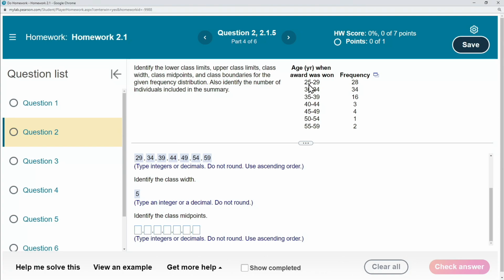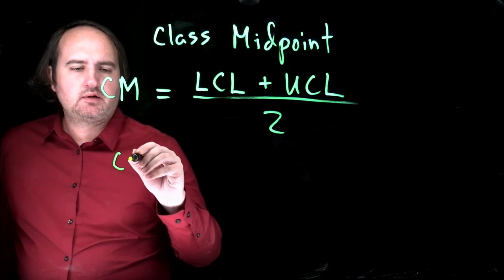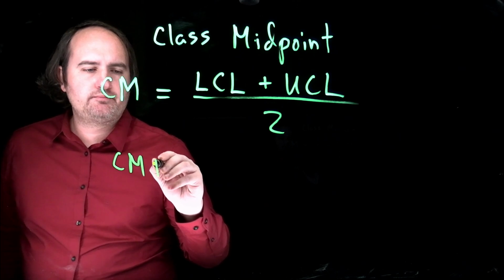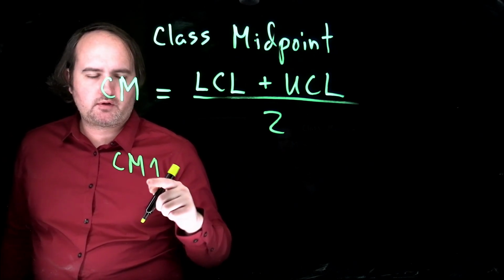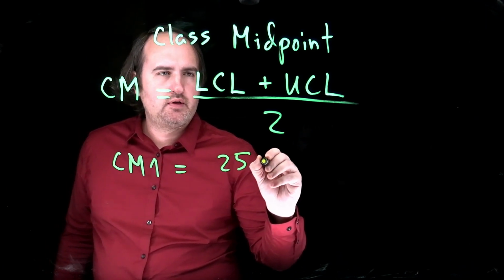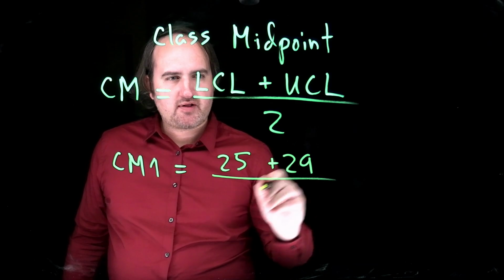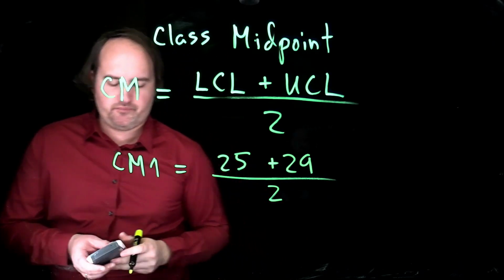So lower class limit is 25, upper class limit is 29. So that means class midpoint number 1 for the one that we're doing, I'll write CM1, is going to be 25, which is the lower class limit, plus 29, which is the upper class limit, divided by 2.